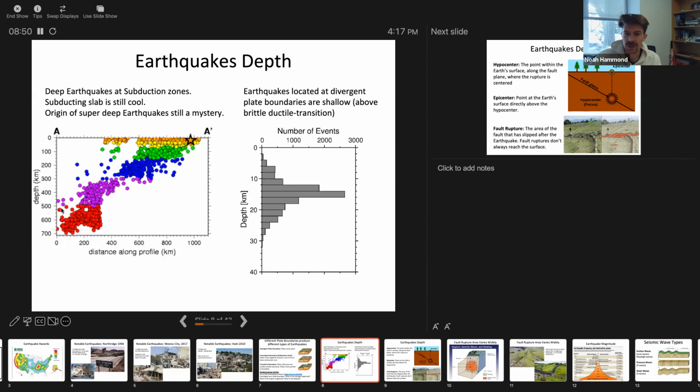It's kind of a mystery because we normally only think of earthquakes happening in the lithosphere where the rocks are strong, and the rocks down here should be weak and in the asthenosphere, deforming ductilely instead of brittlely. So it's kind of a mystery how some of these deep earthquakes are occurring.